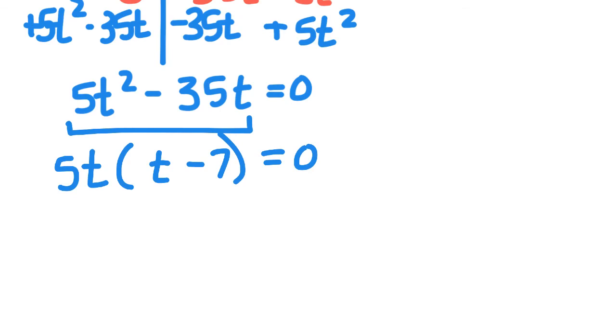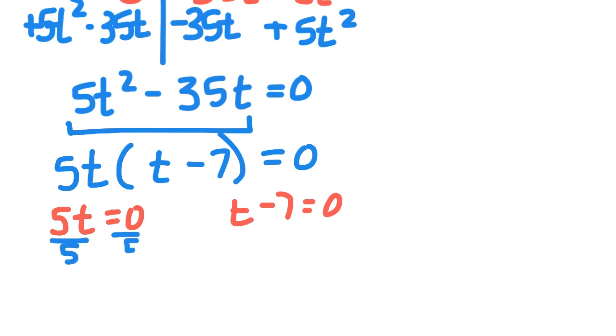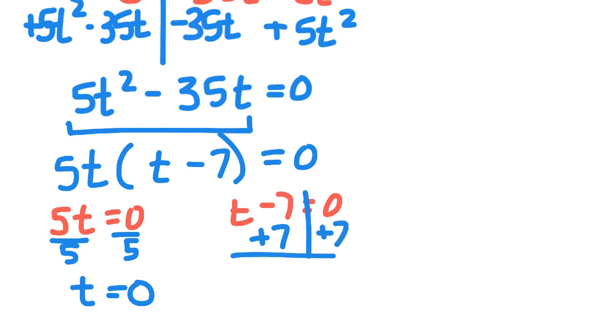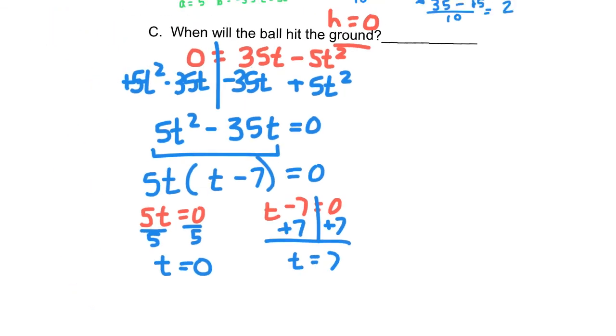Now we've factored it, so we'll have 5t equals 0 and t minus 7 equals 0. We'll make each of the factors equal to 0, and then we'll solve. So this gives us a solution of t equals 0, and then a second solution of t equals 7. Now let's think about this. Let's go back to our picture.